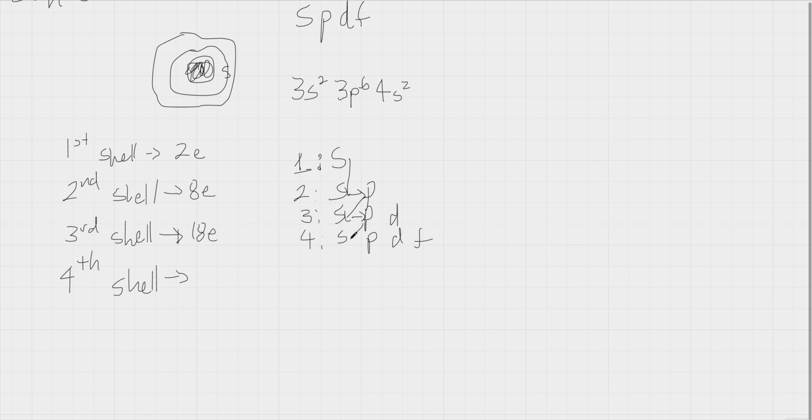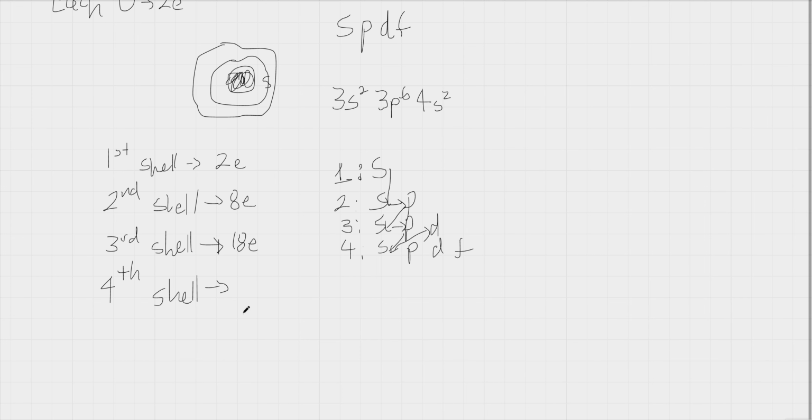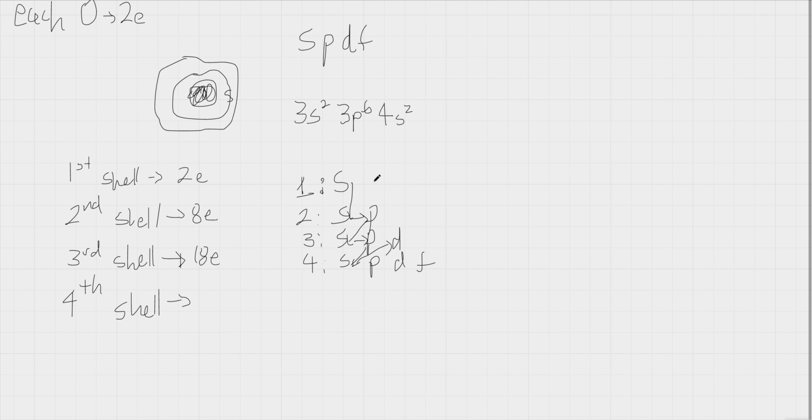So again, you can think of it as like people in a restaurant. Sometimes it's easier to open up a new room than to try and squeeze more chairs and tables into the old room. And they follow this sort of zigzag order, where the electrons will always follow the path of least resistance, and they will always just go to the shell that they want to.